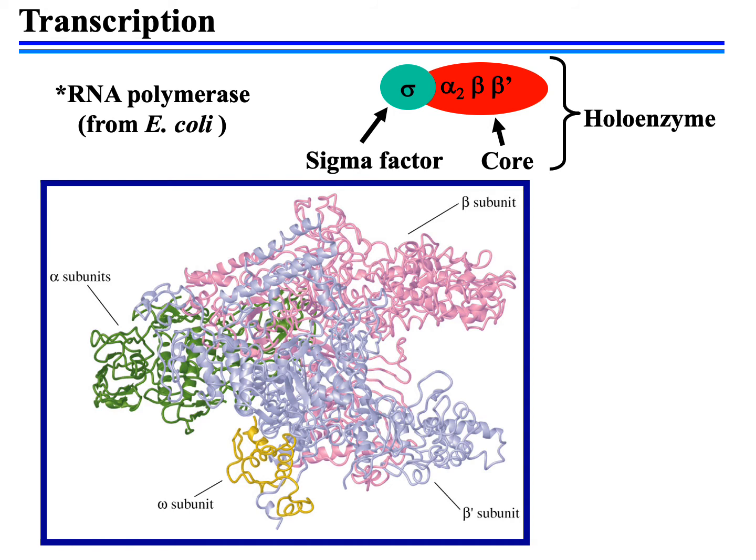You can see on this particular figure a cartoon version of the enzyme and then the ribbon model associated with the enzyme as well. The enzyme is actually made up of two distinct subunits, or two different components, I should say. There is, if you look at the cartoon version in green, the sigma factor, and then the rest of the enzyme is considered the core.